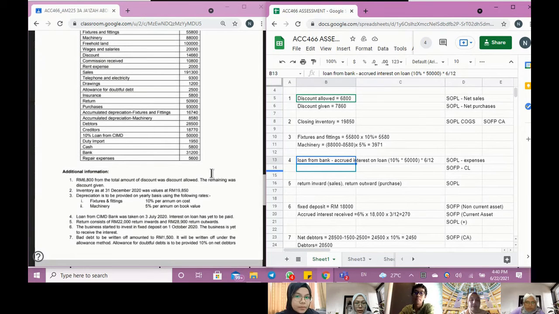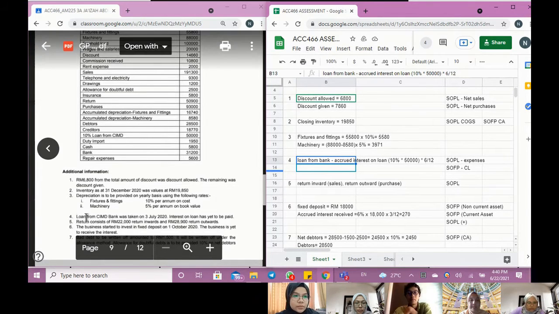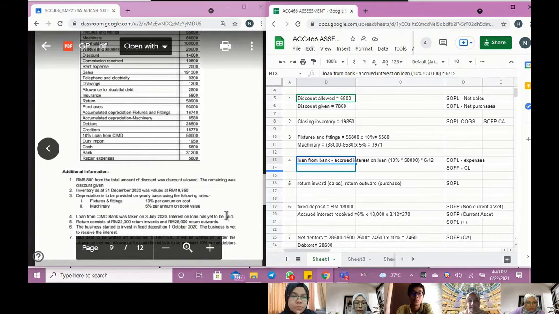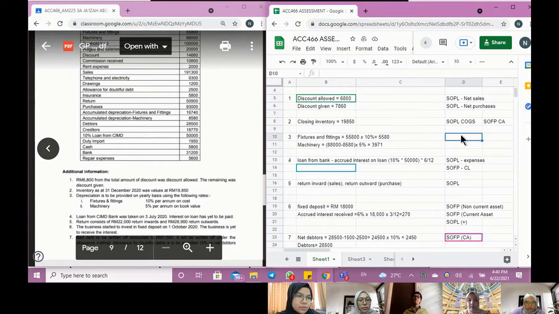Okay, so question number 4. The loan from CIMD was taken on 3rd July 2020. Interest on the loan has yet to be paid. So for the SOPL, we put interest on loan 10% times 50,000 times 6/12.